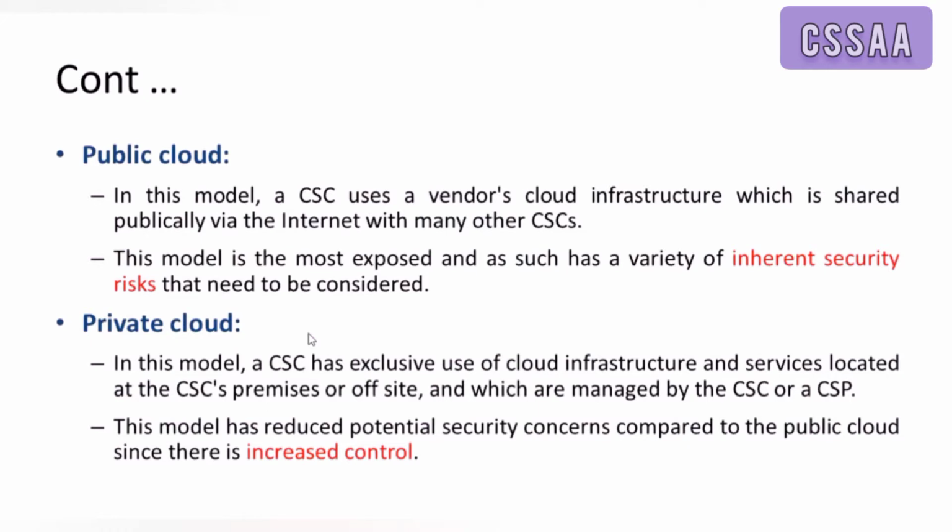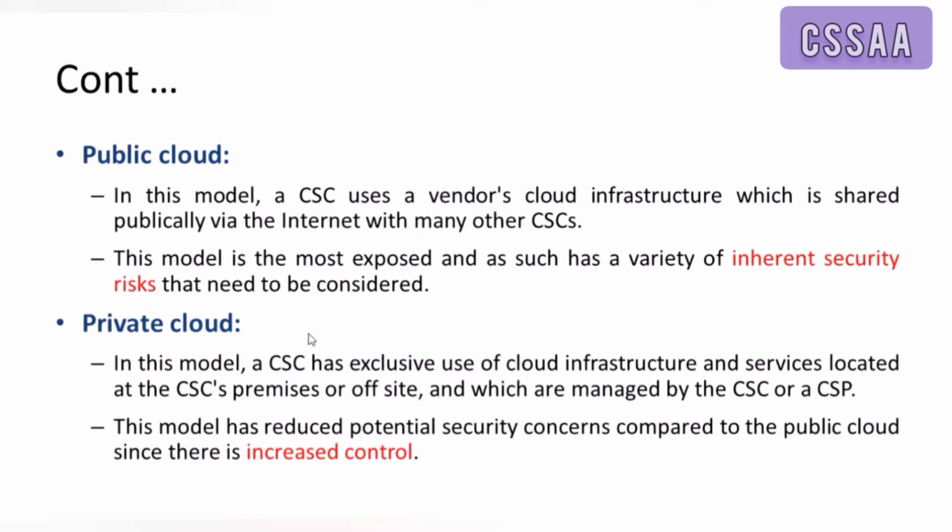Now let us look into the first deployment model, which is the public model. The name itself says that it is public. That is, the cloud service provider's or vendor's cloud infrastructure is shared and can be accessed publicly via the internet.